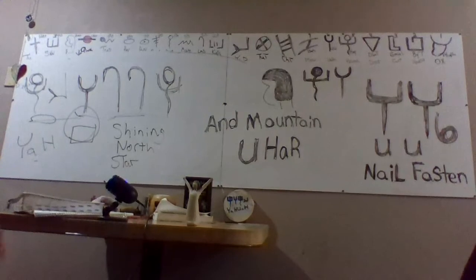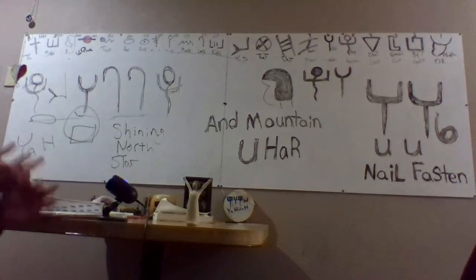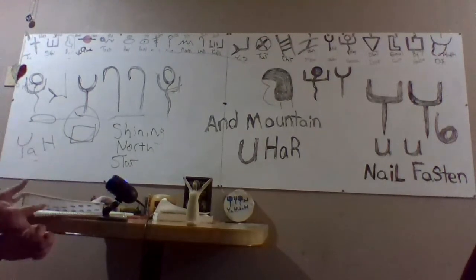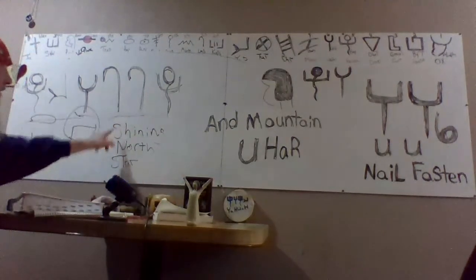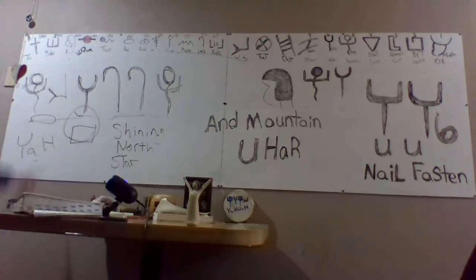That is the North Star that we use for our calendar to find the first day of the year, to find the fourth day of the month, which is Shabbat, to find the appointed times, when to start counting on the first day after Tekufah. That North Star, the North Polaris, is the revealing, Hallel, the shining of the North Star of Yah.